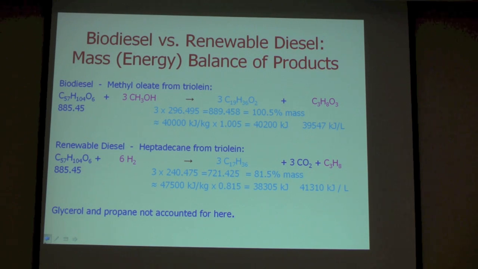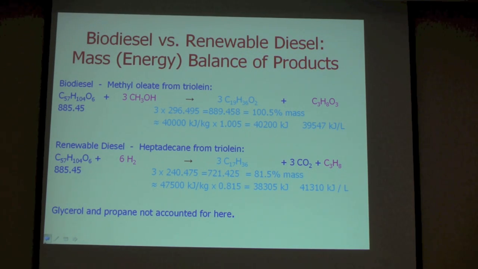So, might be interesting to compare biodiesel and renewable diesel in terms of mass and energy balance. I'm going to look here at neat compounds again. If you make biodiesel, like methyl oleate from triolein, triglyceride or oleic acid formulate, you get 100.5% mass balance. Actually, you get a little bit more out than you put in terms of mass, because in the biodiesel you have an extra hydrogen compared to the triglyceride.